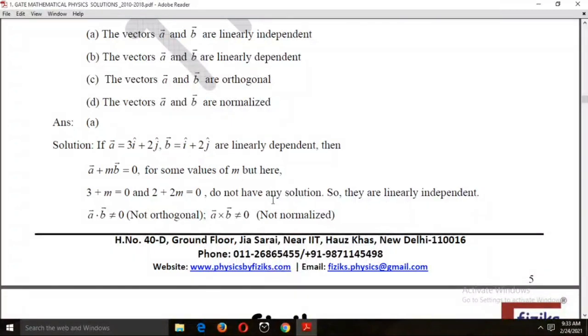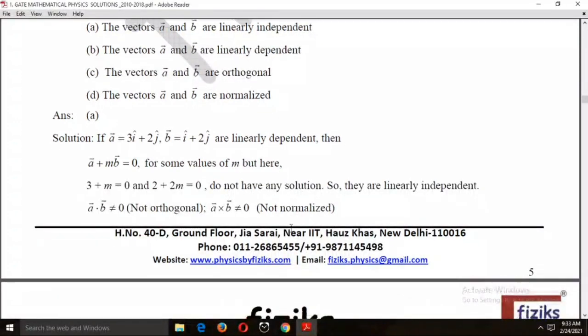These don't have any solution, so they are linearly independent. Also, a dot b is not equal to 0, so not orthogonal, and a cross b is not equal to 0, so not normalized. So option A is correct.